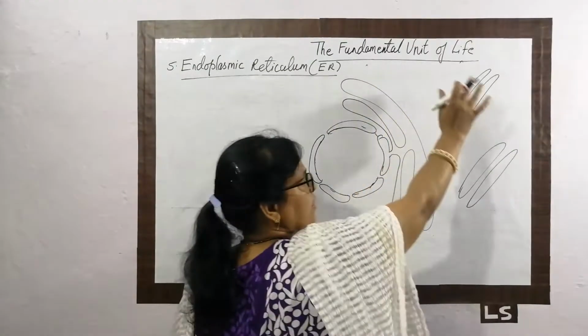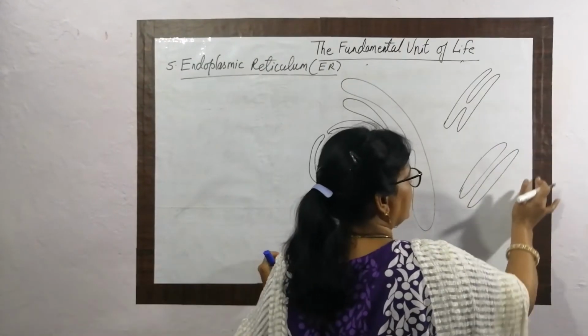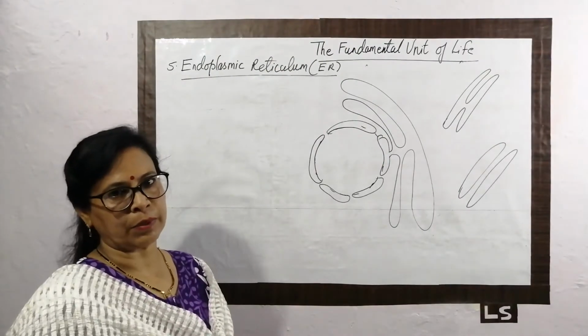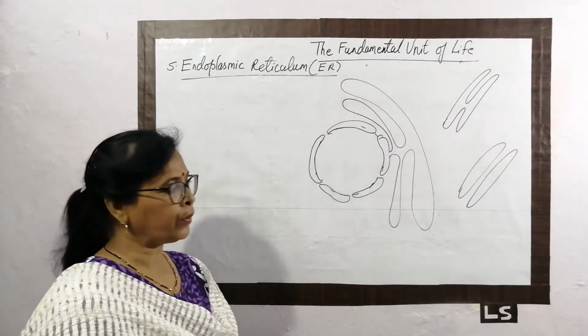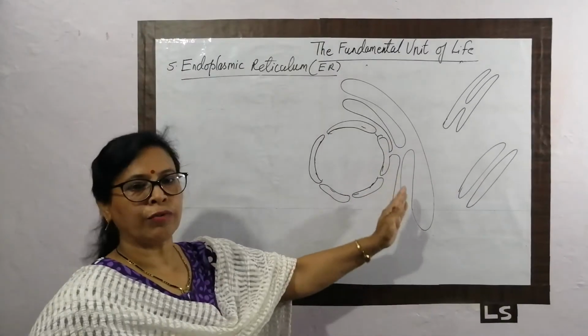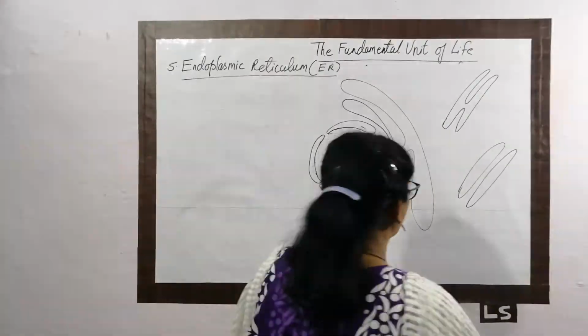All this content is the cytoplasm. Let us suppose the plasma membrane is somewhere here. So all this content is present inside the cytoplasm. So what is the place of the endoplasmic reticulum? It is placed in the cytoplasm. It is present in the form of tubules outside the nucleus.